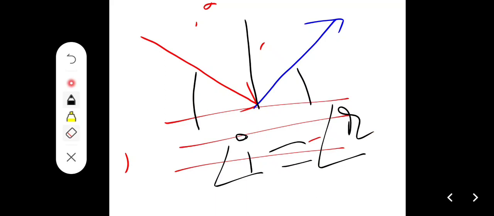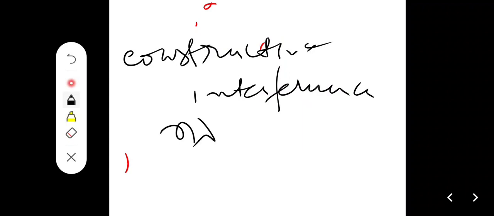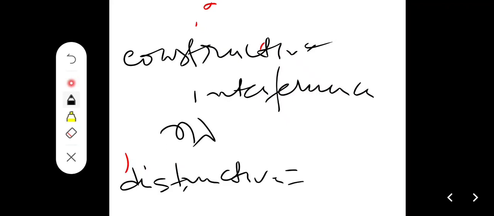So always remember, there must be two phases. For constructive interference, the path difference is n lambda, and for destructive interference, the path difference is n lambda by 2.